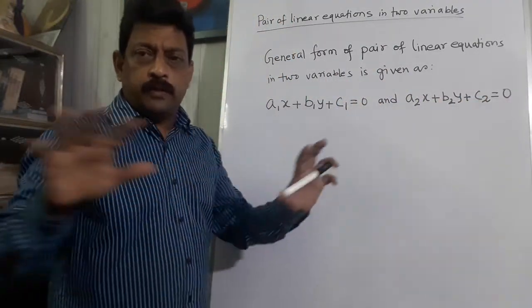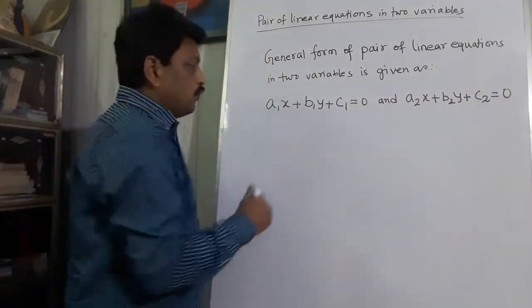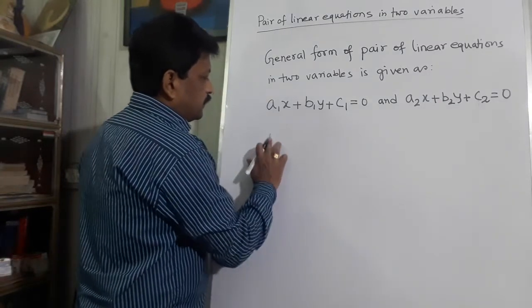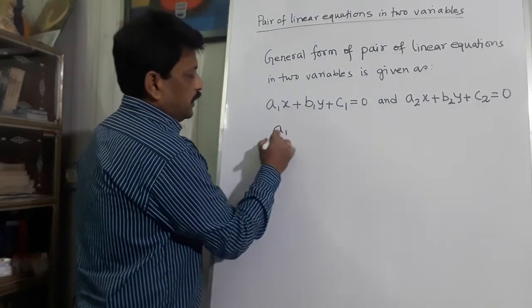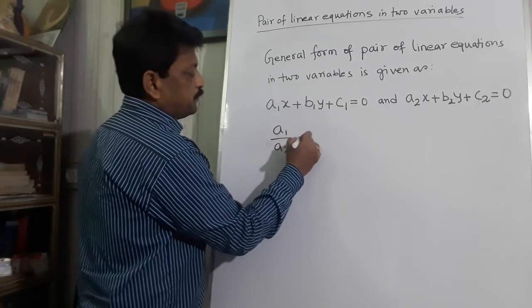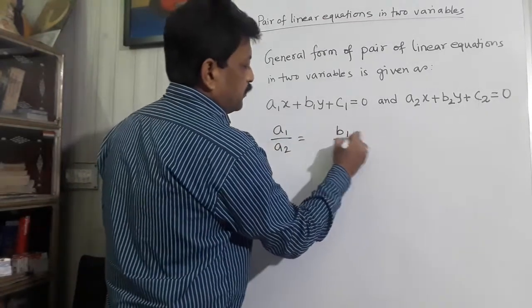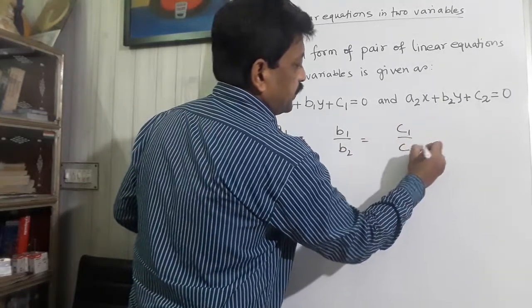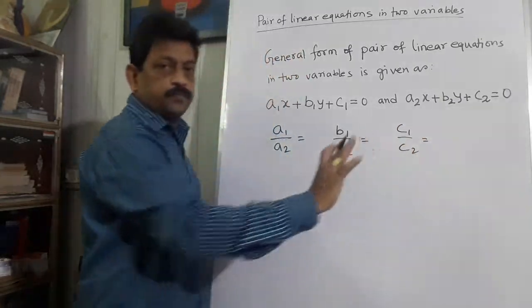We have to find all the values. Now we have to find the ratios a1 upon a2, b1 upon b2 and c1 upon c2.